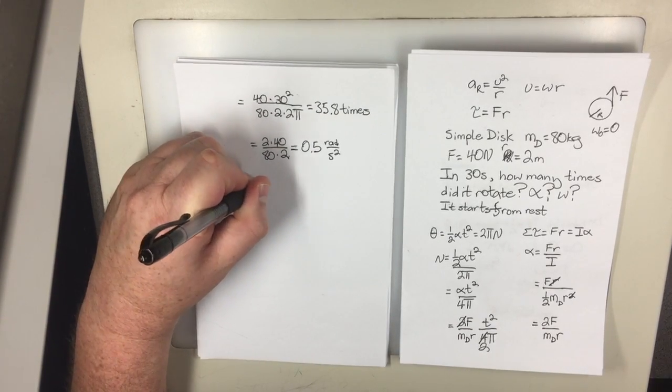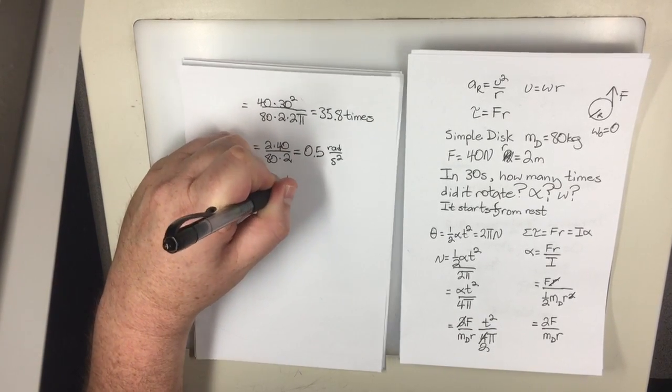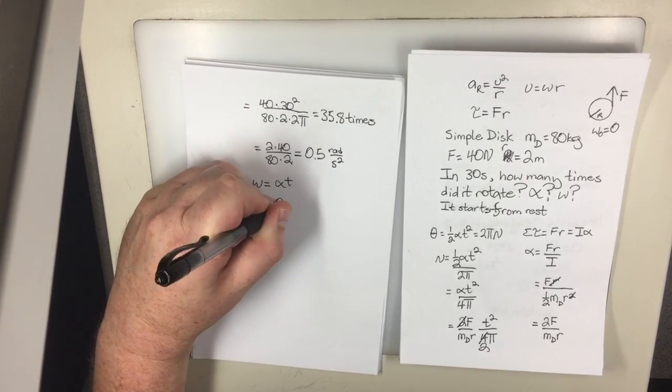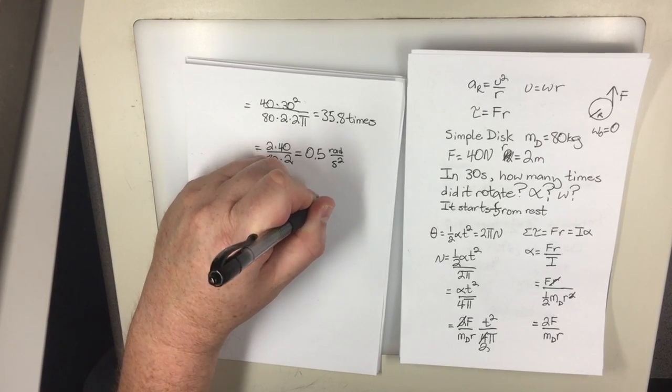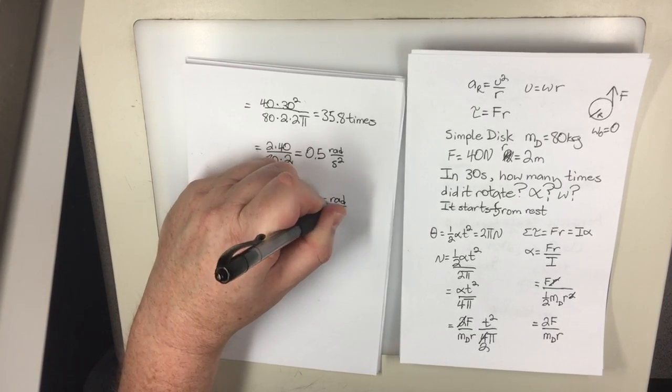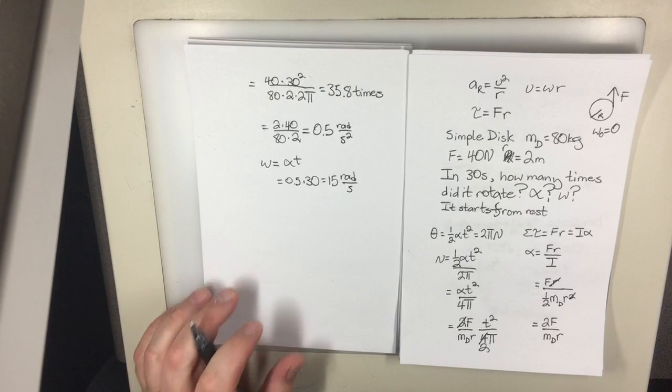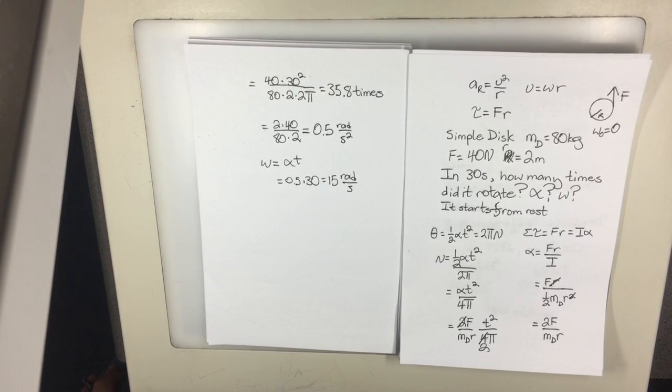Its final omega is alpha t, 0.5 times 30, or 15 radians per second. And so that gives you the final angular velocity of this thing.